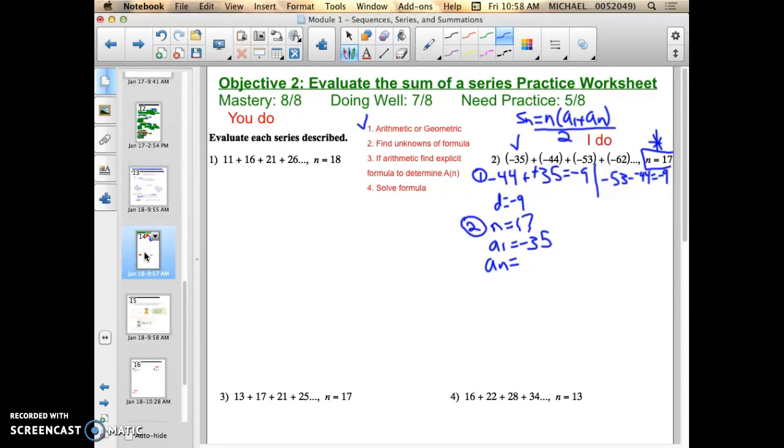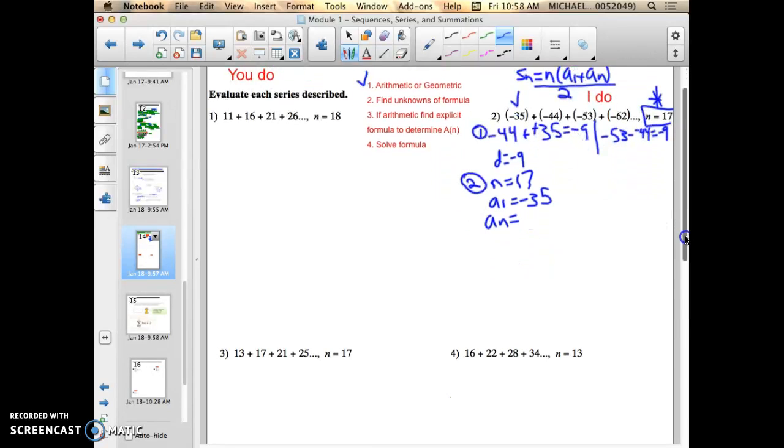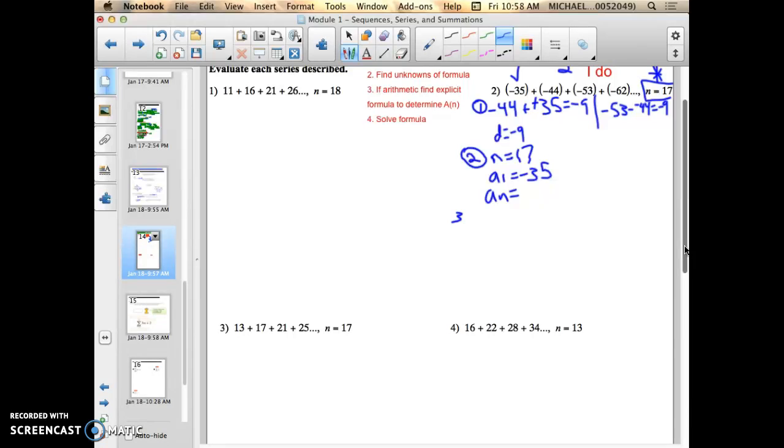If it's arithmetic, which this is, I need to find the explicit formula to tell me what my a sub n is. Alright, so for step 3, I will do right here. I need to find the explicit formula.